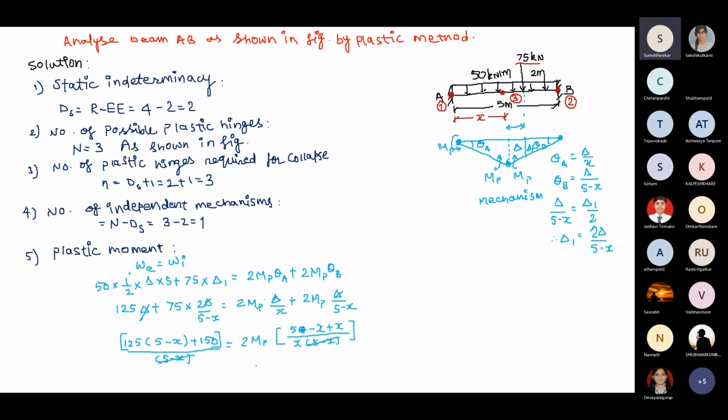And then if we solve this, we have 625 minus 125x plus 150 equal to 2 MP in bracket 5 divided by x.